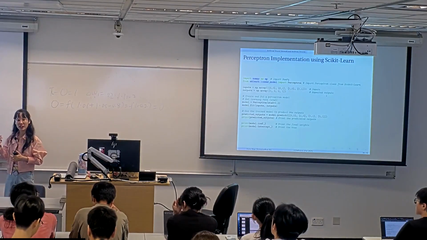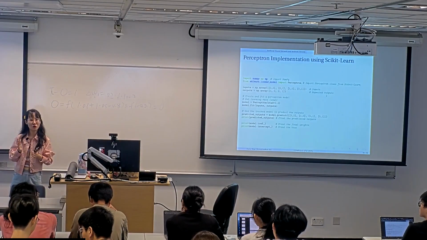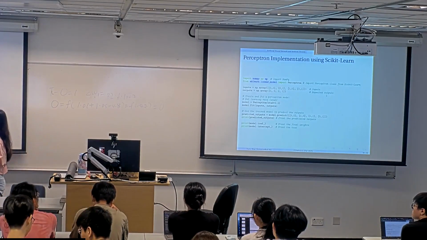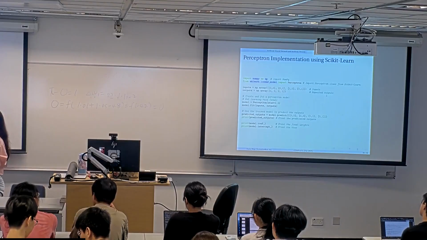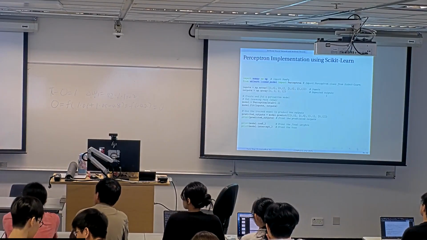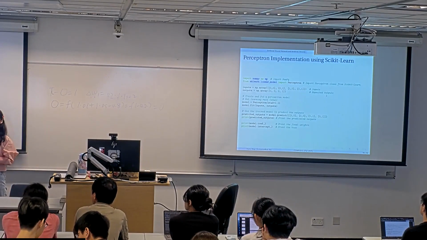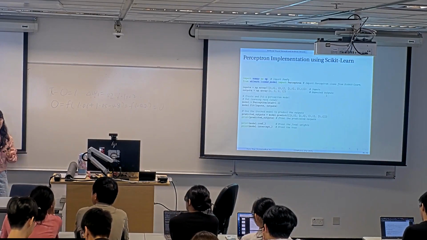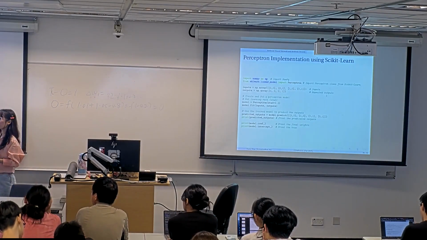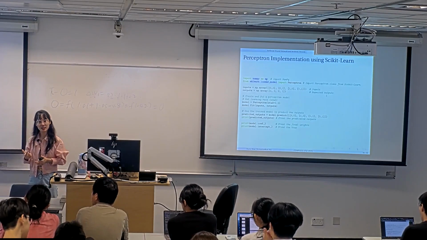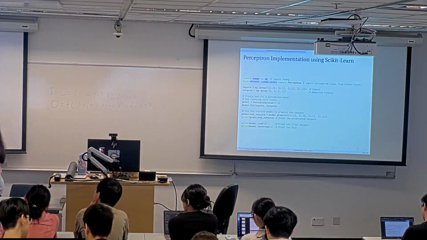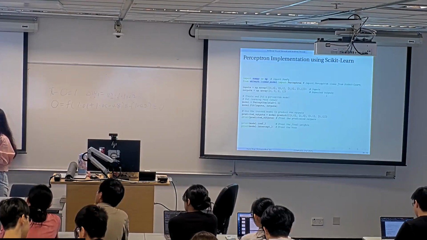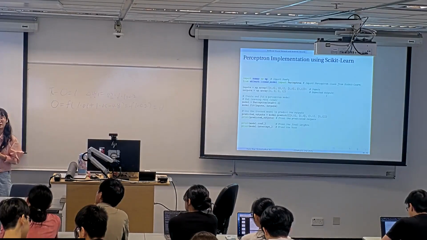It will initialize all the parameters randomly by itself. So that means we only need to give the learning rate, and then it randomly initializes all these parameters. And starting from different initializations, the training results will be different. So the weights and the bias will be different, but they are both correct.